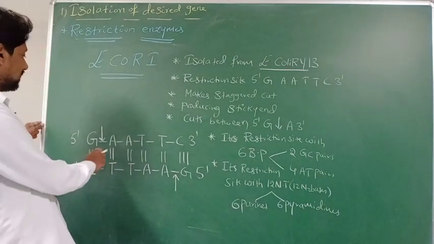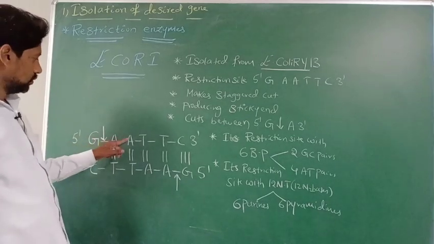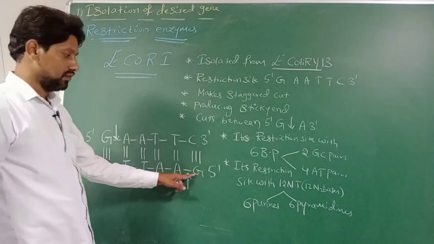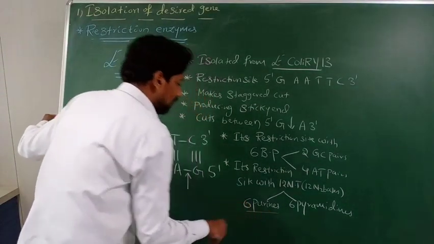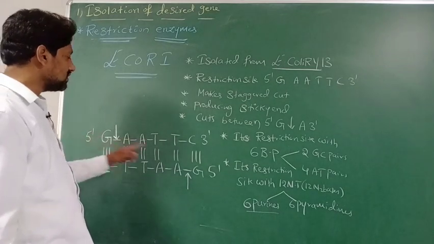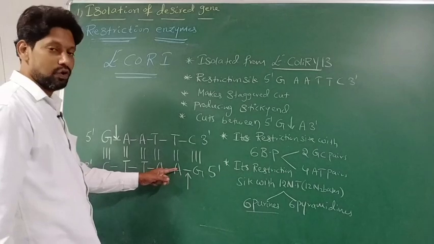See here: 1, 2, 3, 4, 5, 6. Therefore, 6 are purines. Purines means adenine and guanine. How many G's are there? Guanines 2. How many A's? Adenines 4.